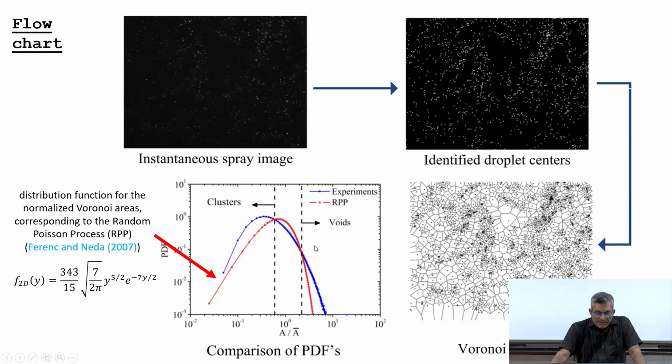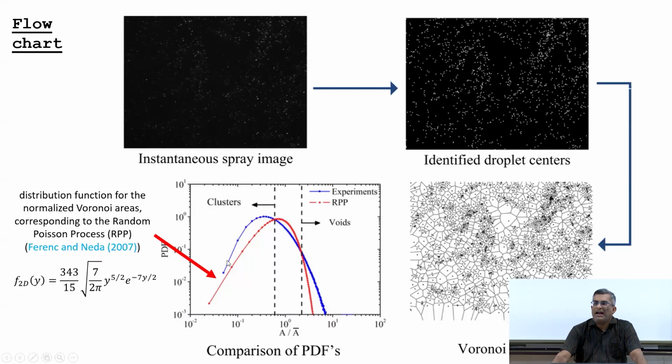Now, what is interesting is that this distribution is specified for a uniform or homogeneous, random distribution, which is described by a Poisson process. If the particles are distributed according to the Poisson process, then the Voronoi cells should follow this PDF.